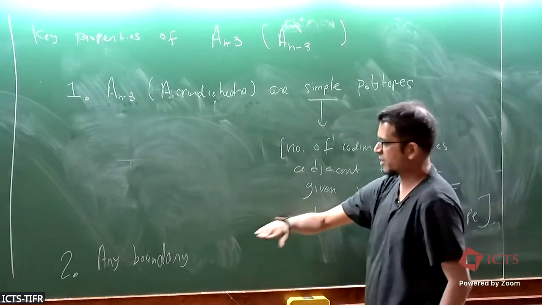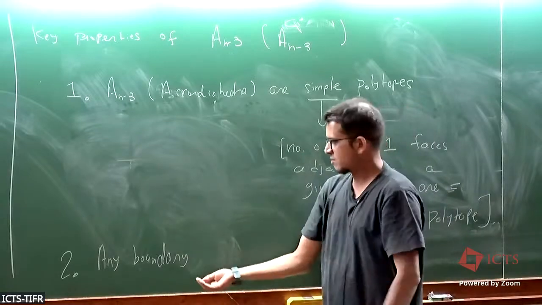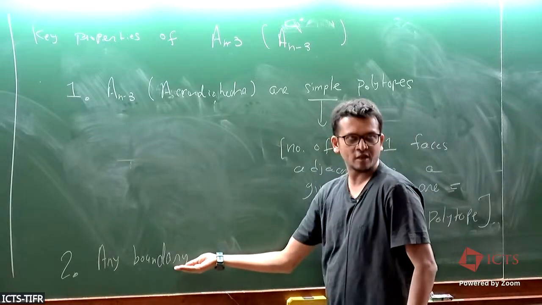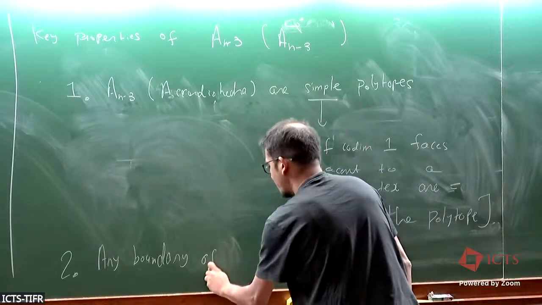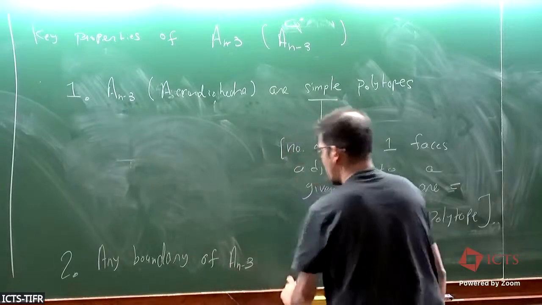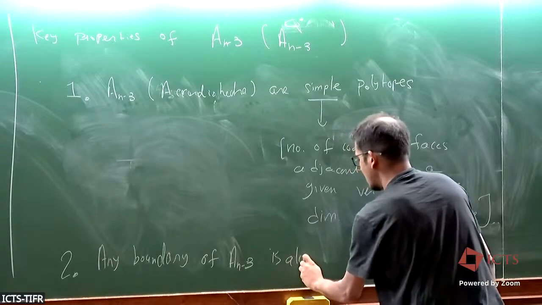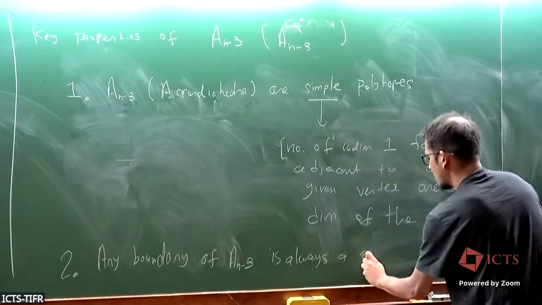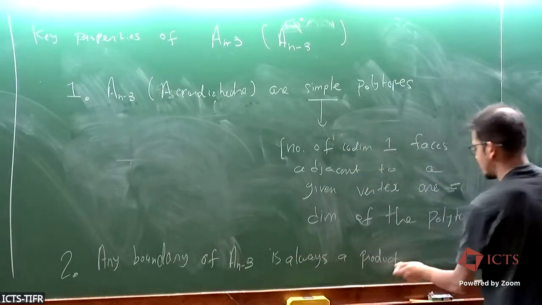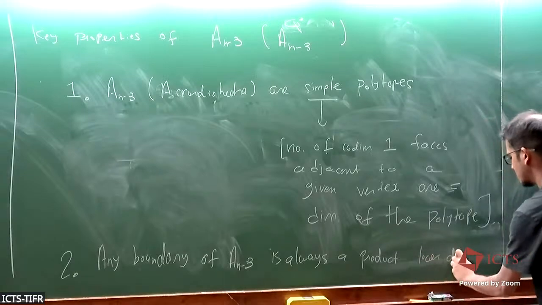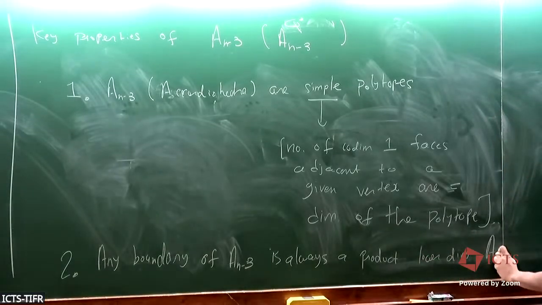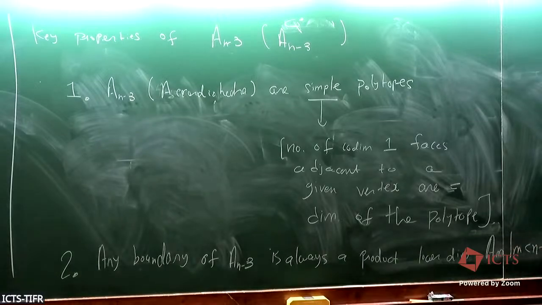It's certainly true for Associahedra and a class of accordiahedra. But I'm just going to state it because of lack of time for the Associahedron, that any boundary of A_{n-3} is always a product of lower dimensional Associahedra A_m for m less than n minus 3.